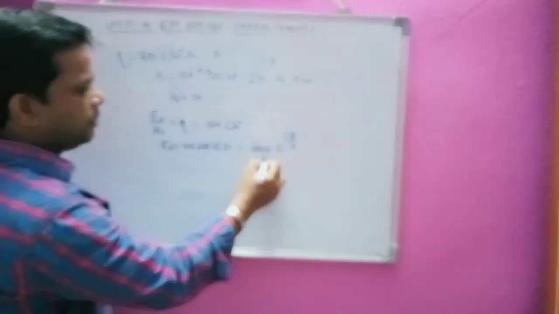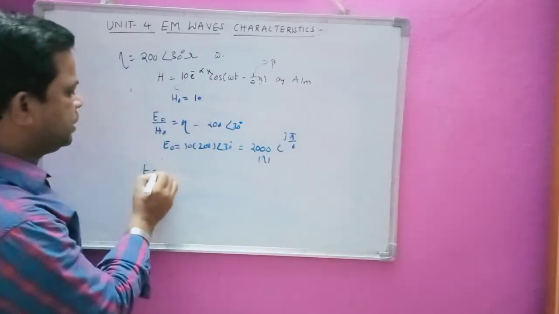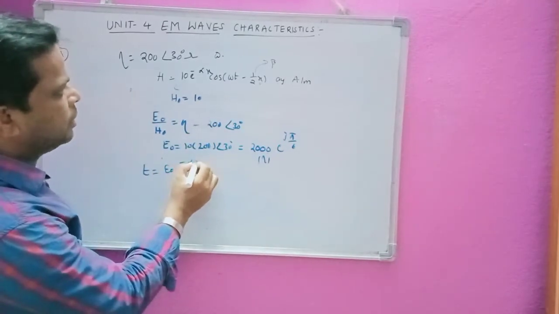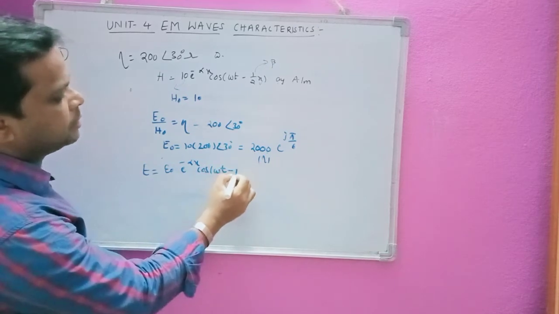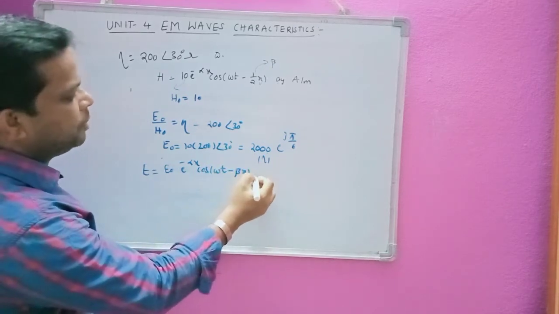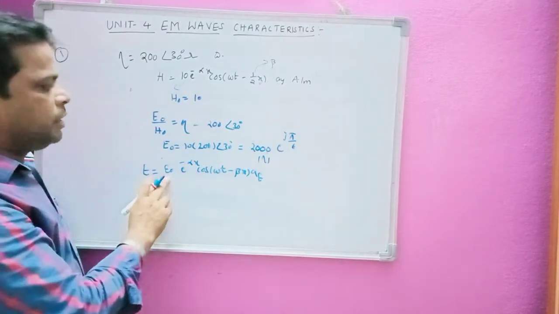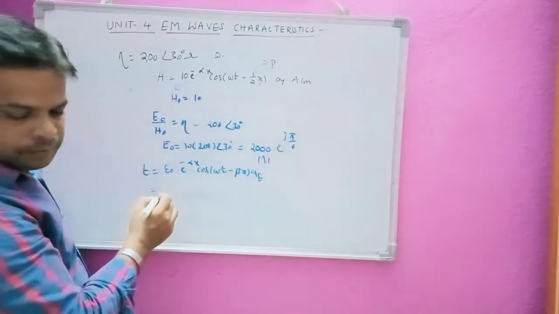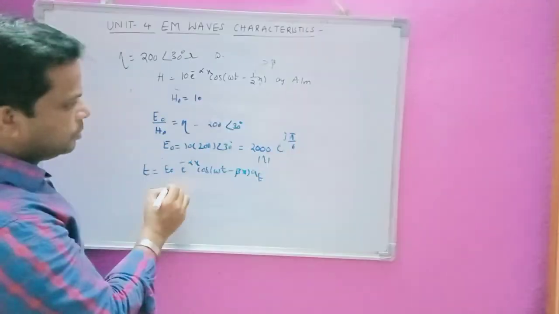Now this is the mod eta value here. Now I will write E here. E is equal to E0 e power minus alpha x cos of omega t minus beta x into AE.